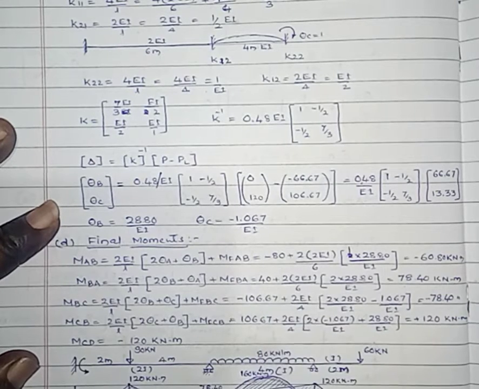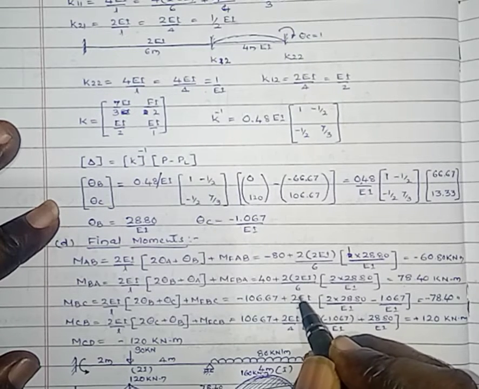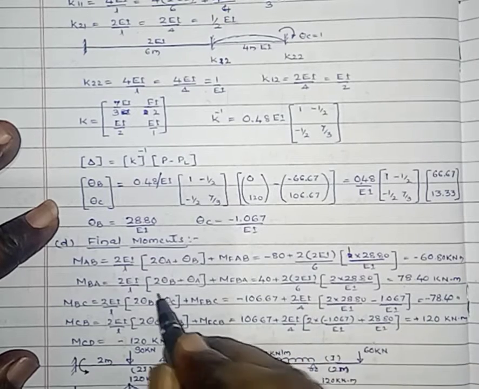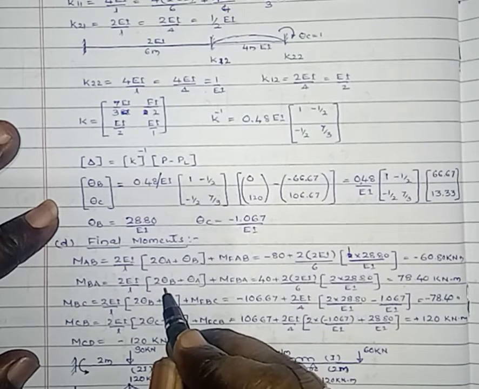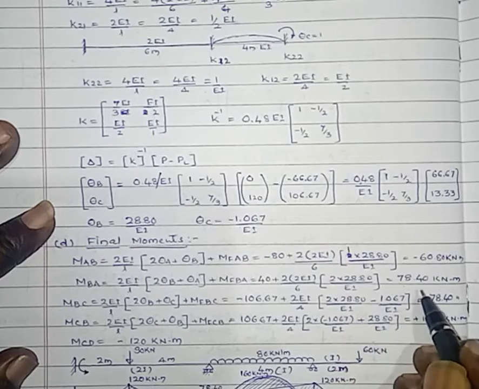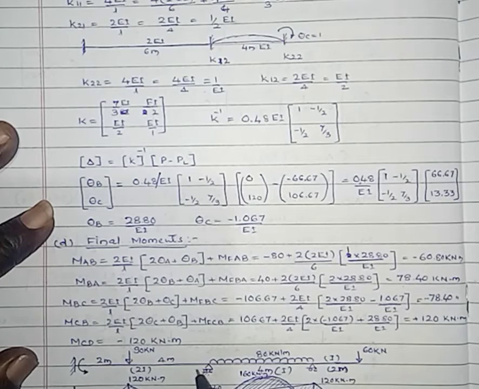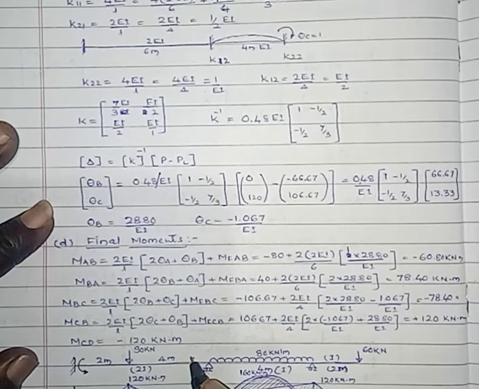Then the fixed end moment is plus 40, then 2 into flexural rigidity 2EI by L is 6, inside of the bracket theta A is 0, 2 theta B, 2 into 28.80 by EI. After simplification, that is 78.40 kilonewton meter, that is clockwise.